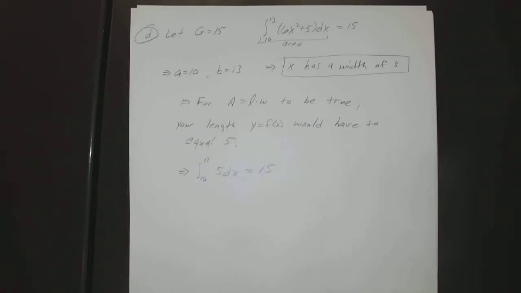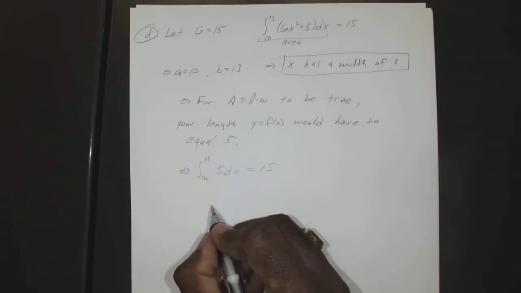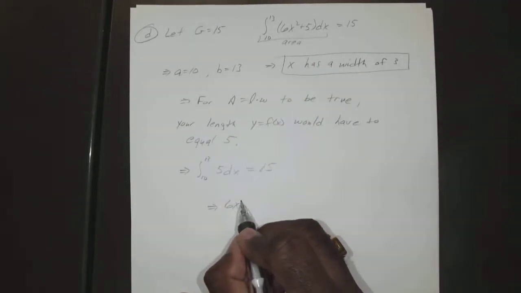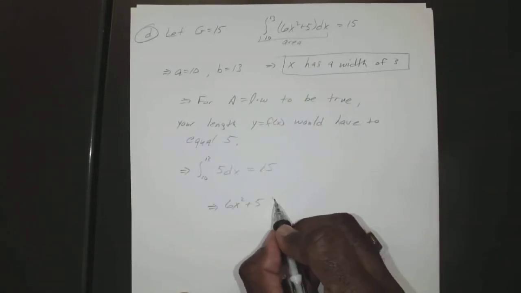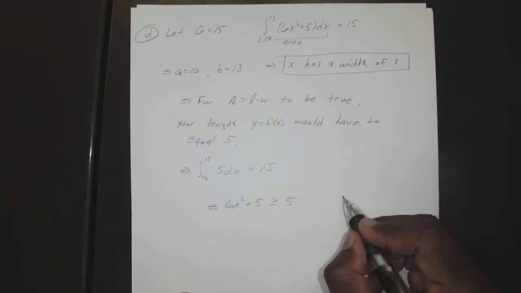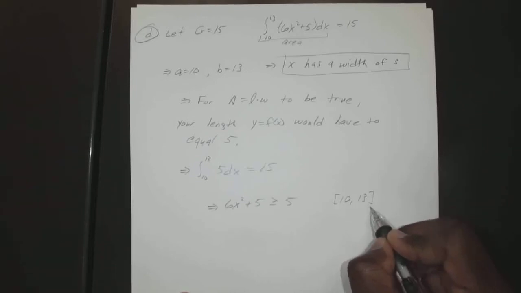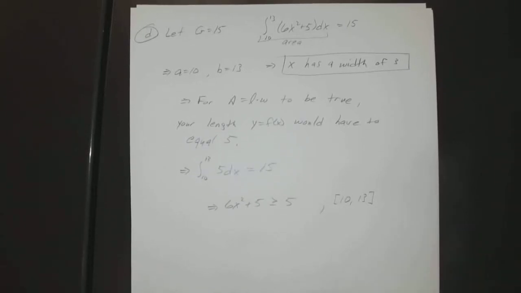There's actually another way you could do it if you wanted to. You could say that 6x squared plus 5 is greater than or equal to 5 when you're looking at 10 to 13, just on that interval.